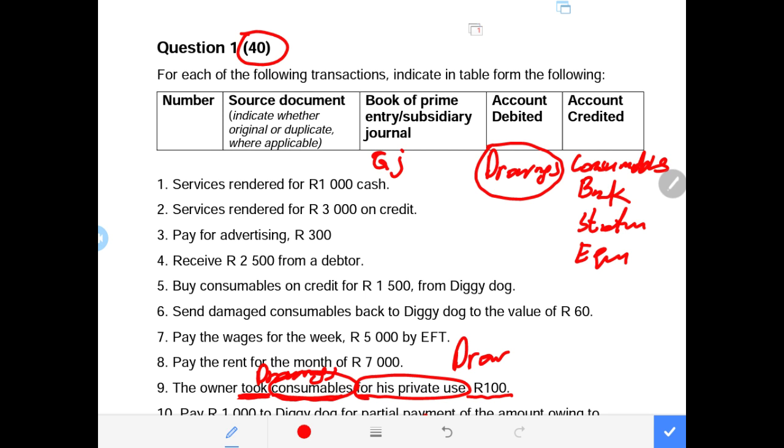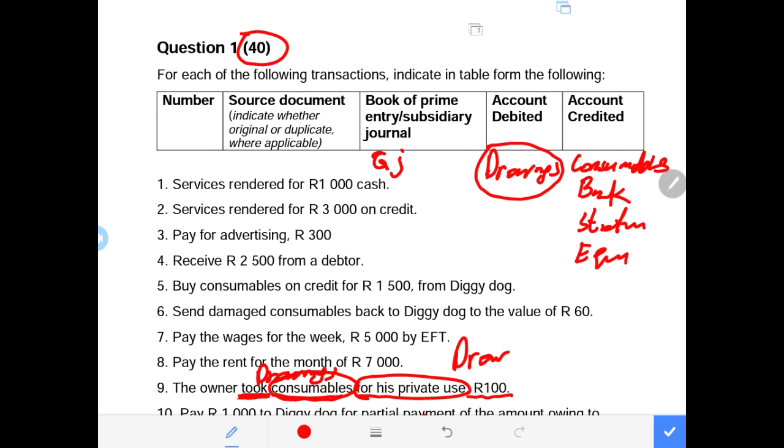If we sell something on credit, it goes to the debtors journal, and nothing was sold here on credit. If something was sold for cash, it goes to the cash receipt journal, because we would have received cash, and we did not sell something here. Did we buy something on credit? No. Did we buy something for cash?